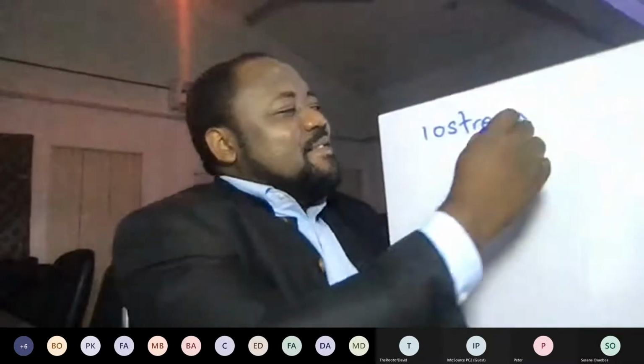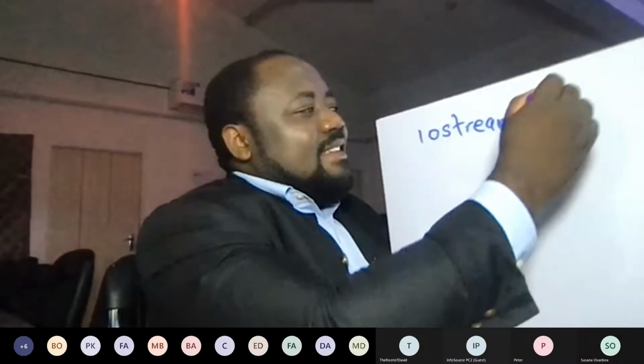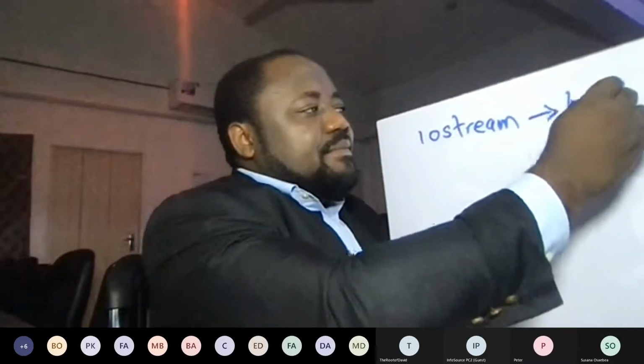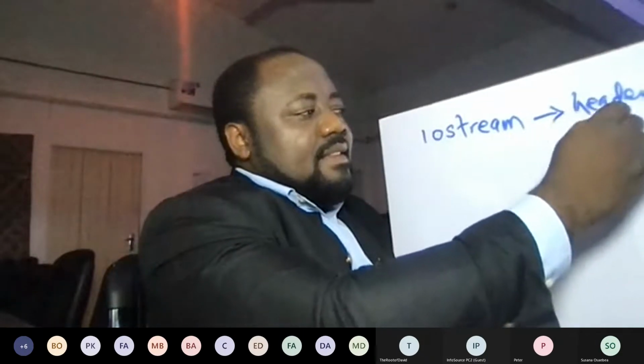This IOStream, what is this? It's a header file. In C++, we deal with a number of header files. And it's very important for you to understand the importance of header files.